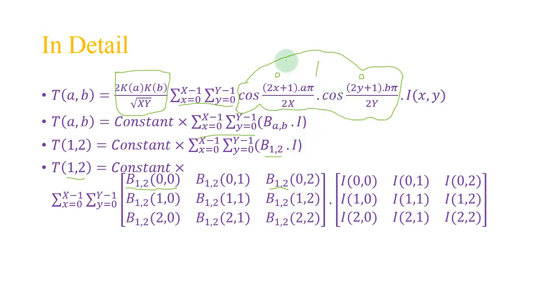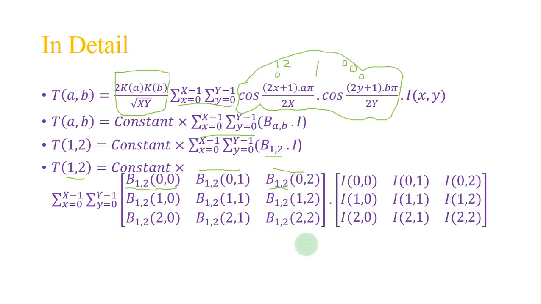Similarly, when we place x equal to 1 and y equal to 0, we obtain this value. Then we place x equal to 2 and y equal to 0 and we obtain this value. Similarly, by putting all the values of x and y in this equation, we obtain the basis matrix.